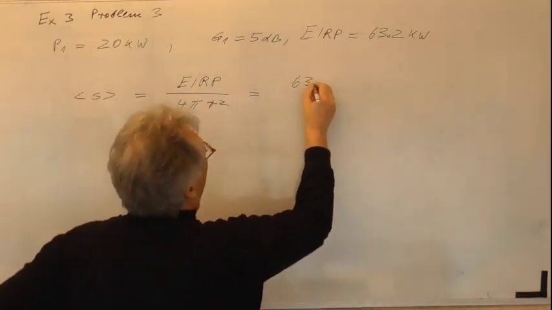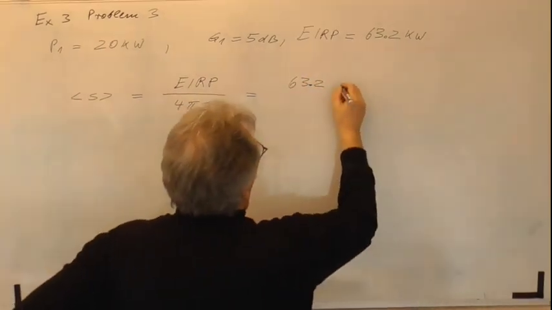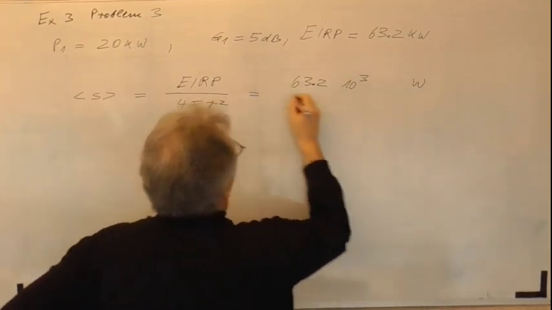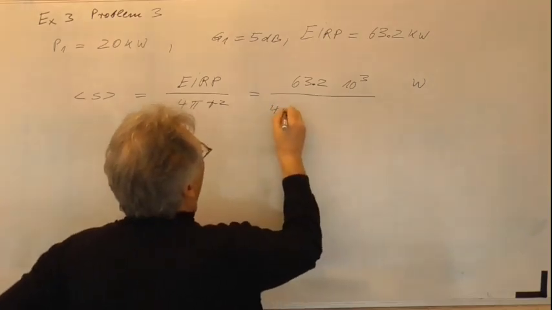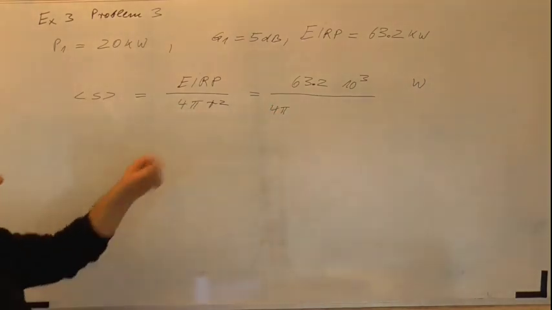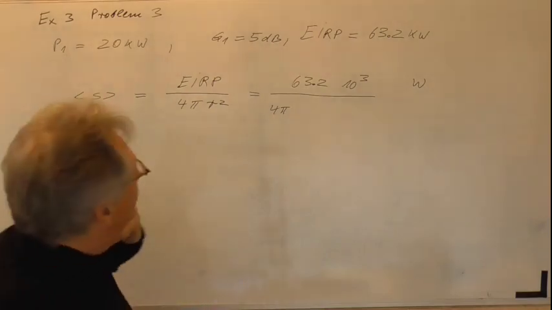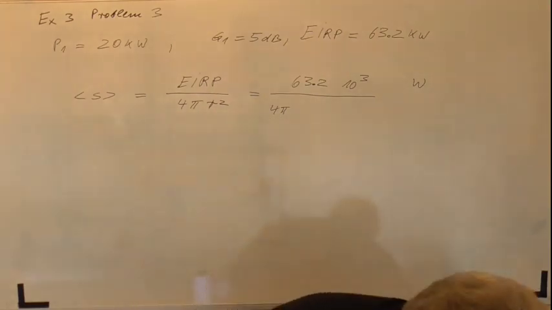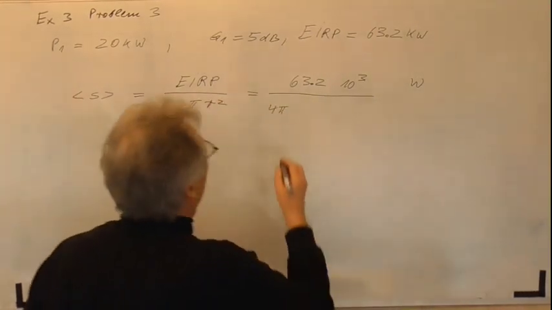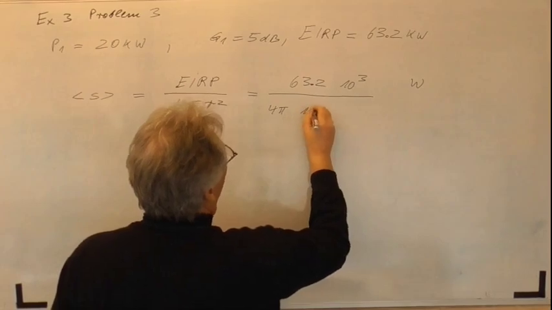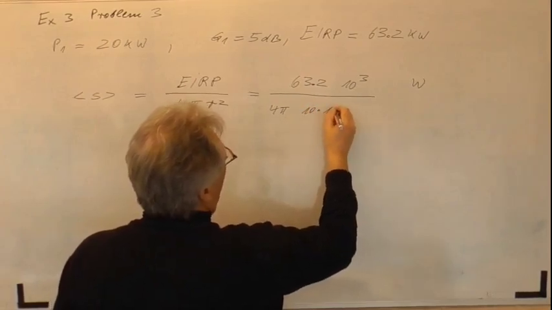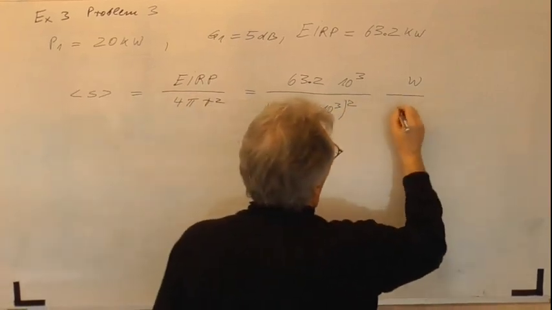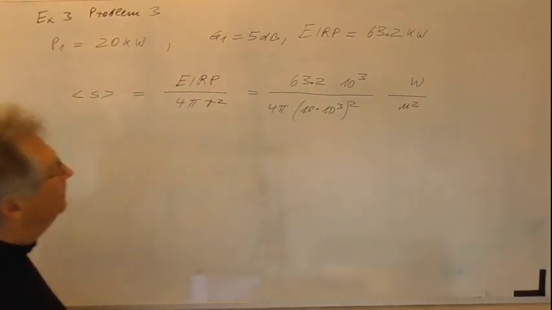This is 63.2 times 10 to the power of 3 watt divided by 4 pi, and the distance is assumed to be, what did I say, 10 kilometers. So this is 10 times 10 to the power of 3, squared, and we have here meter squared.